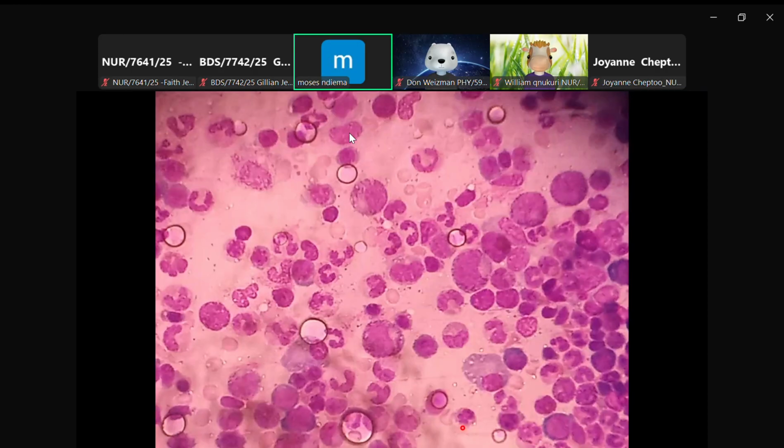This is just a monocyte looked at from a different angle. Note it is a very large cell. This is a lymphocyte. This one here is a red blood cell. Notice the size of the lymphocyte vis-a-vis the size of a monocyte and the size of an erythrocyte. You will appreciate that the monocyte is the largest. It does not have any granules.